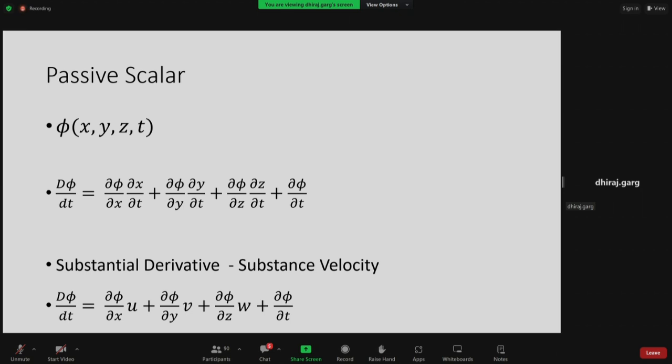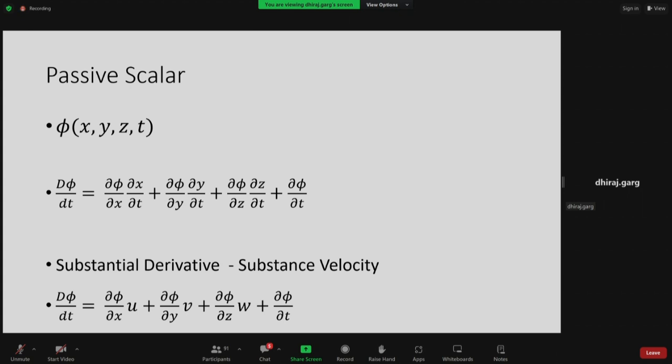The interaction between the scalar and the field is neutral, in the sense that the substance is not affecting the flow. So if you already have a flow field, you do not have to recalculate it. We just combine two components. That component comes directly from the flow field itself, and that's what you will see in the tutorial: the flow field is already calculated and you are imposing the scalar.